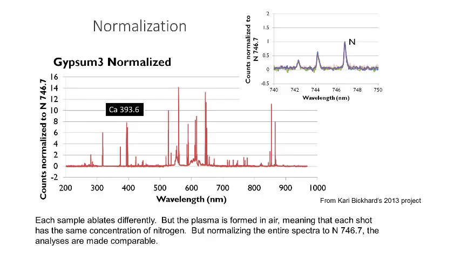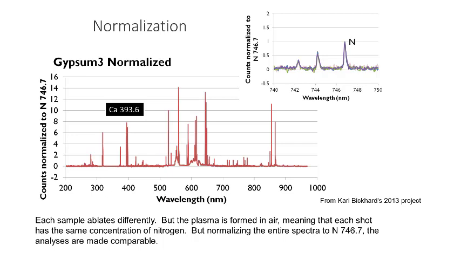One of the hazards of LIBS is that each sample behaves slightly differently under the laser. A way to get around this is to normalize the intensity of the peaks to something that doesn't change from material to material. Well, that really isn't the material itself, but the atmosphere in which it's being shot.